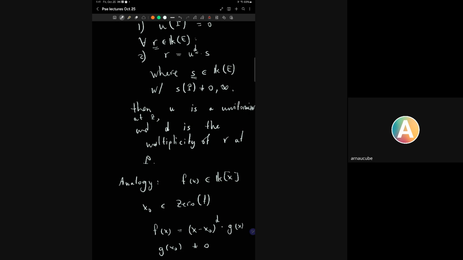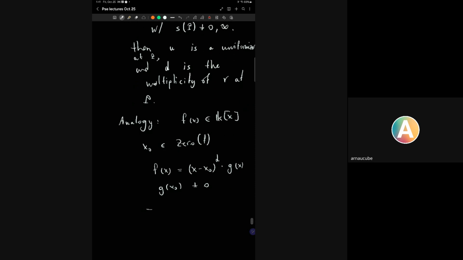So the multiplicity of f at x0 is defined to be this number d.